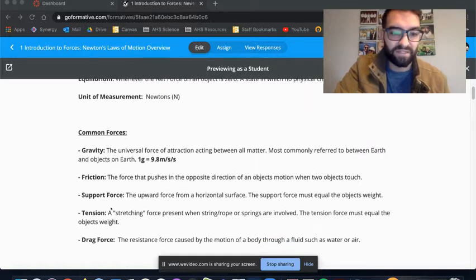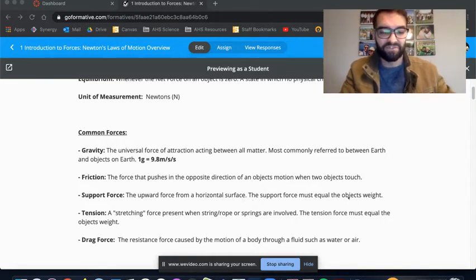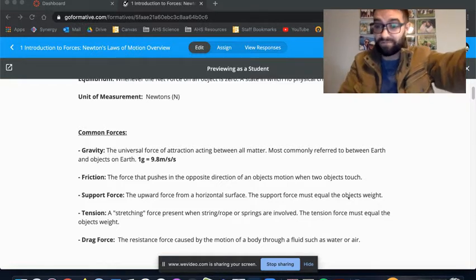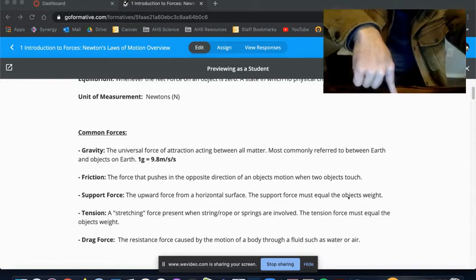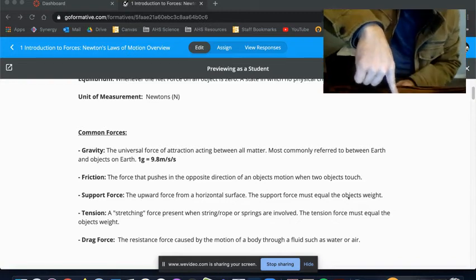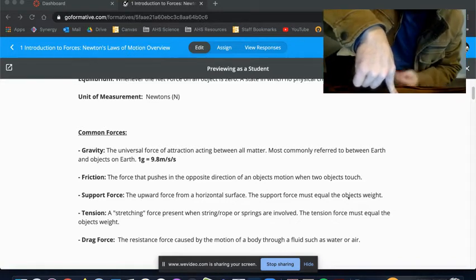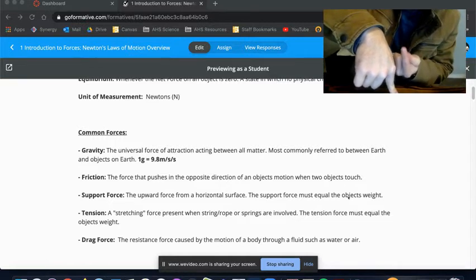Then there's something called a support force. This is something less commonly talked about, but it is the upward force from a horizontal surface, and the support force must equal the object's weight. So that's actually very interesting. I don't know if you can see down here my table. Okay, if I push down, the table is supporting my finger.